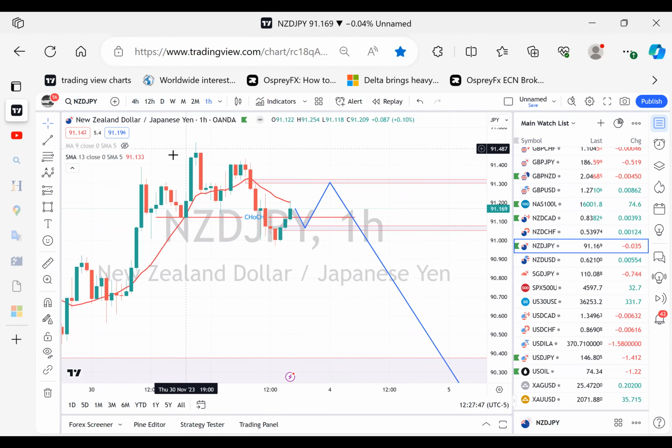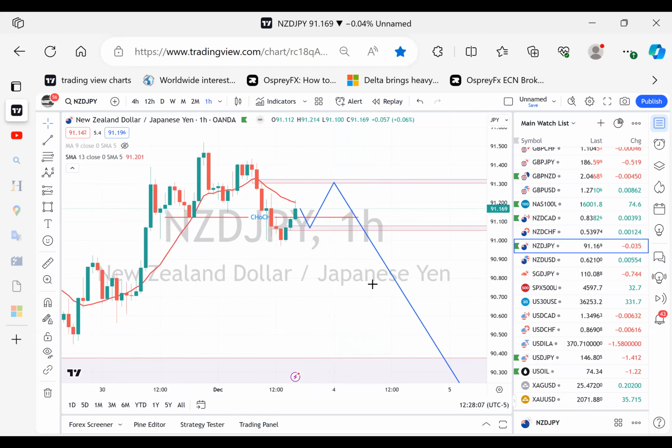It's a high. That high got ran. This was a high right here. That high got ran. Price comes back down, comes back up into this imbalance, pushes down, breaks this low. Price needs to come back to this imbalance that broke this low. Once we pull up into that imbalance, it's on and popping.